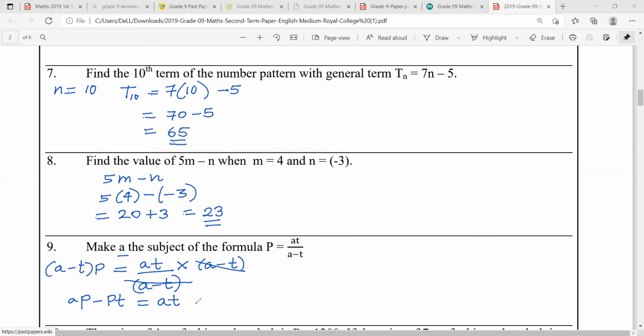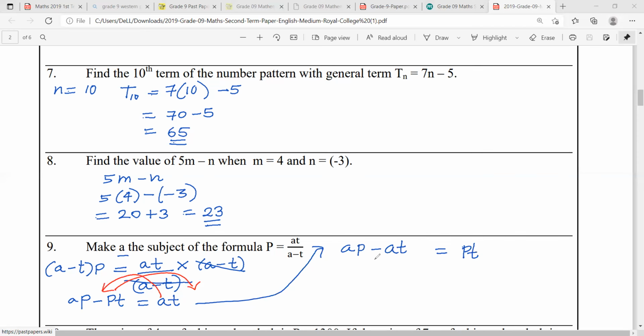Therefore, from that you do like this, AP minus AT equals PT. So you take this to the right side and then it becomes plus, and this comes here and then it becomes minus. Then that is what has happened.